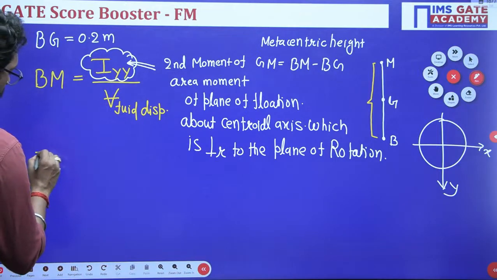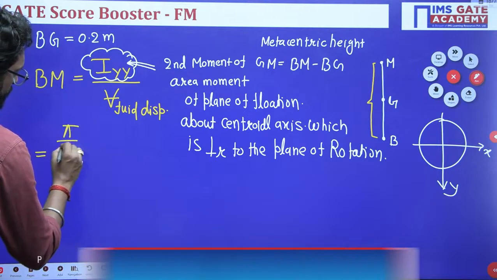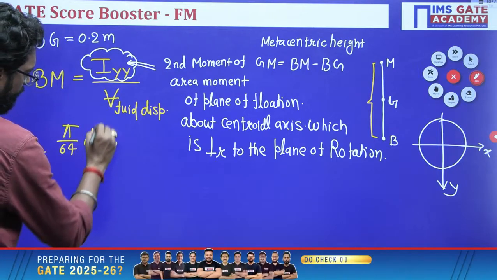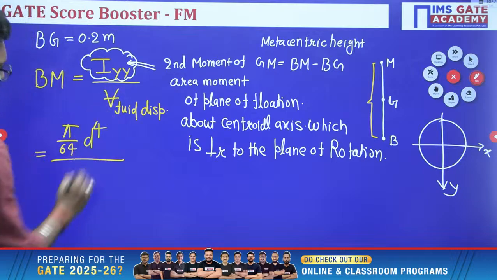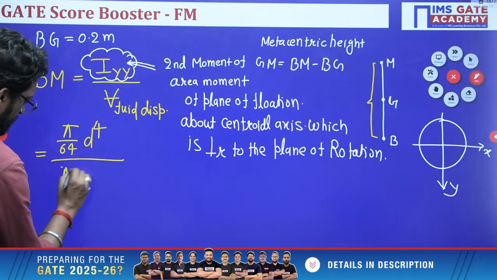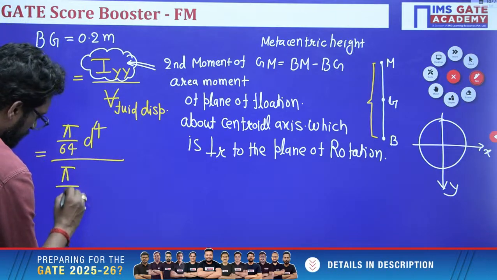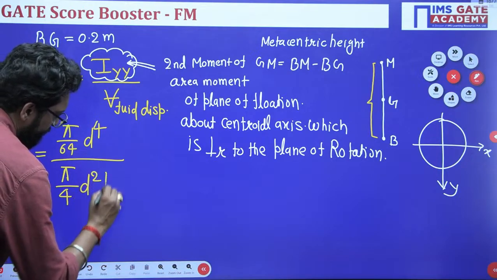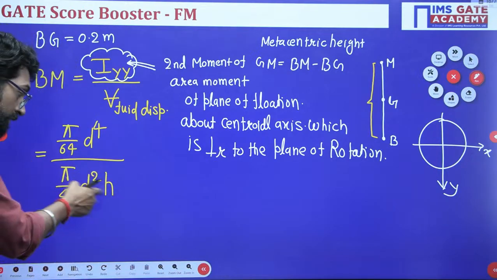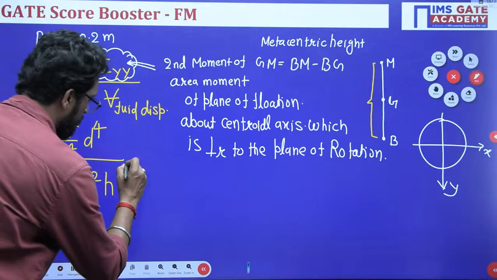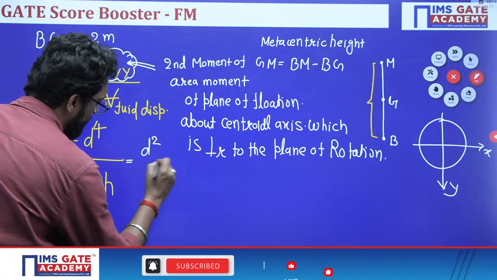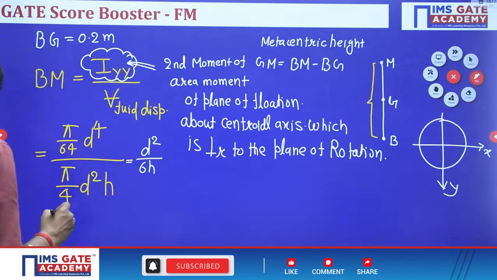So what is the moment of inertia? Pi by 64 d to the power 4 for a circle. Volume displaced is pi by 4 d square times depth of immersion. For that we have to calculate the depth of immersion. So this is d square by 16h.